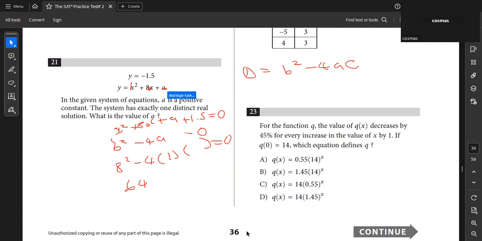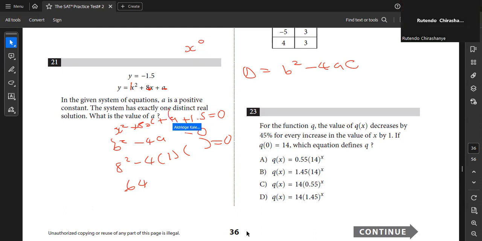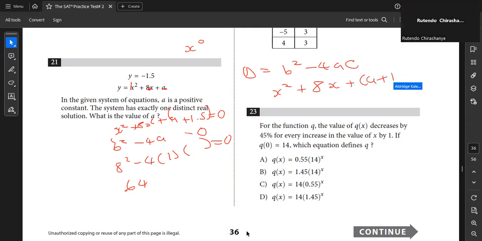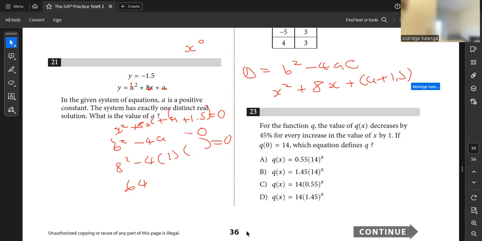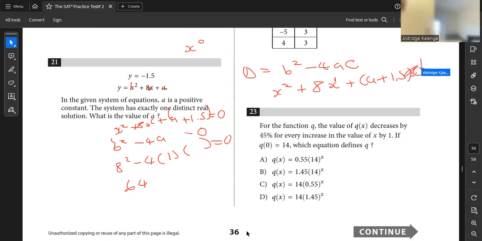But when you bring the constant, it is any value where x is to the power 0, because this is a plus 1 times x to the power 0. This is as good as x squared plus 8x plus a plus 1.5. This is x to the power 2, this is x to the power 1, and this is as good as x to the power 0, which is the same as 1, right?